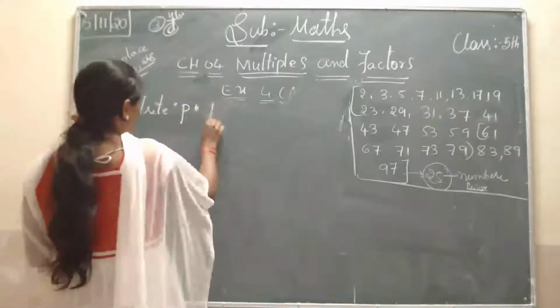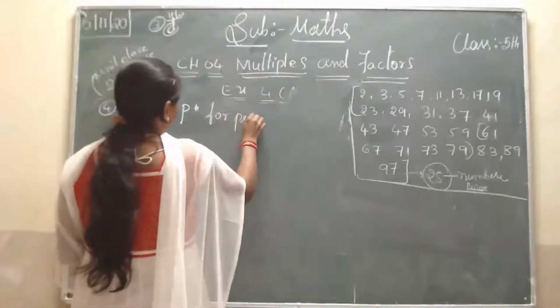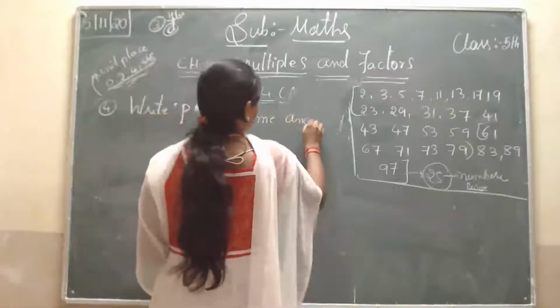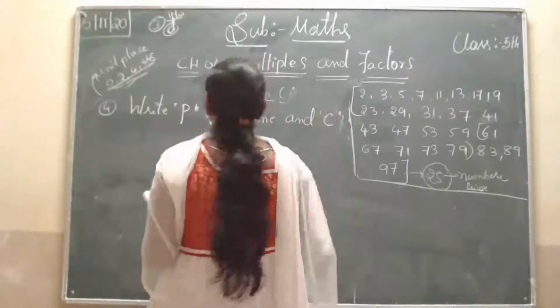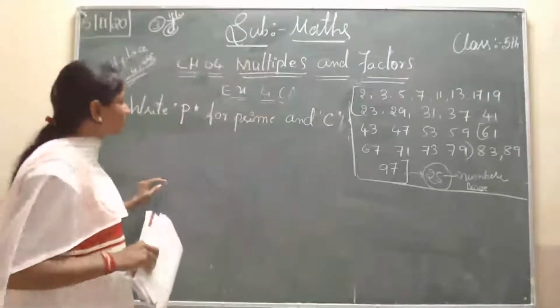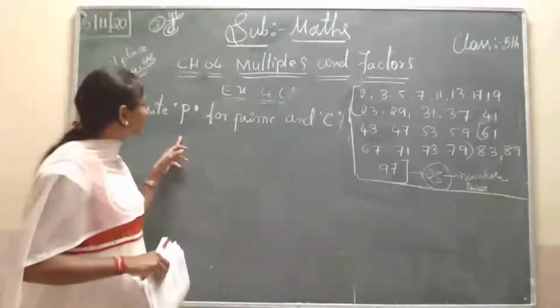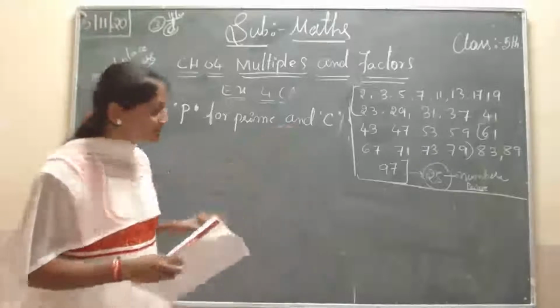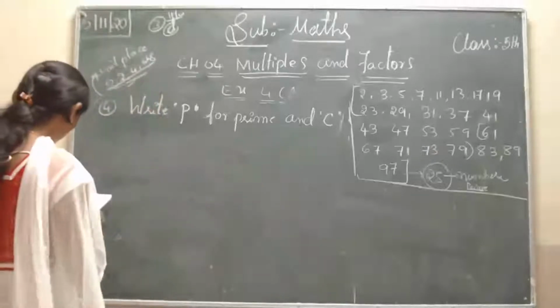P means you have to consider that it is a prime number. Students, can you see here? P means that is a prime, and C means that is a composite number.